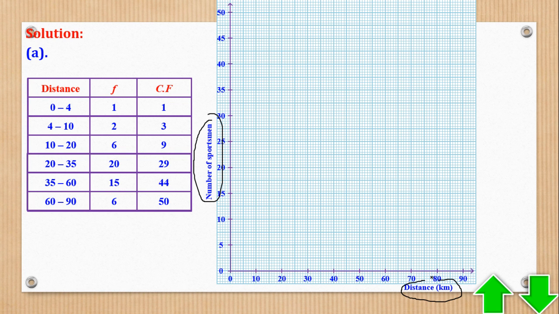Okay, now something has changed. You must put what is in the question. If a question has cumulative frequency, then you put it there. But in this case, the question did not have that. So you must put what is in the question. Let us go to the question and see what was there.